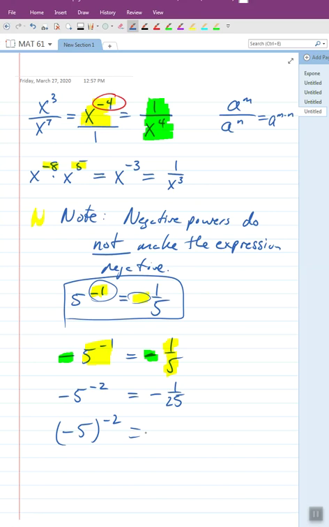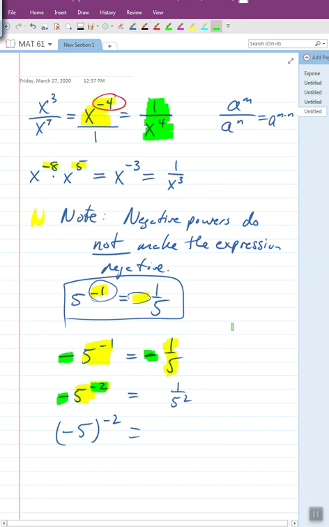Guess I better let somebody else take that one. Well, while you're thinking about it, let's look at this one above here. Do you see that that negative 2 simply turned this 5 into 1 over 5 squared, right? And did this power affect this sign at all? No. Remember our old rule.